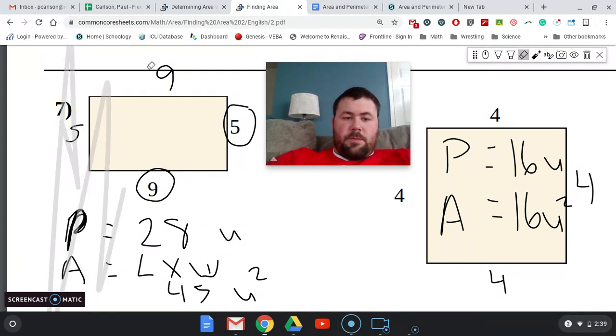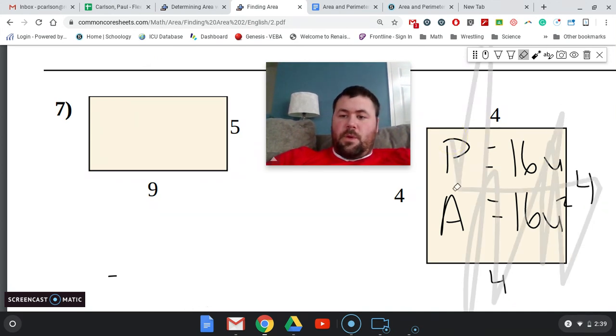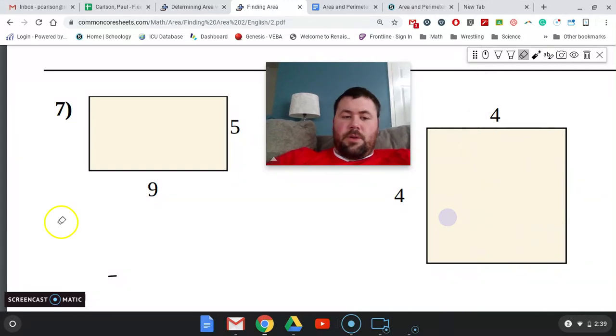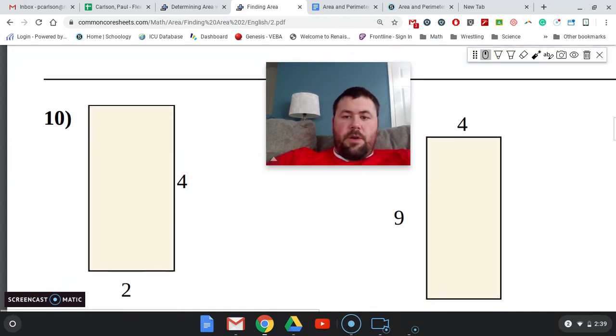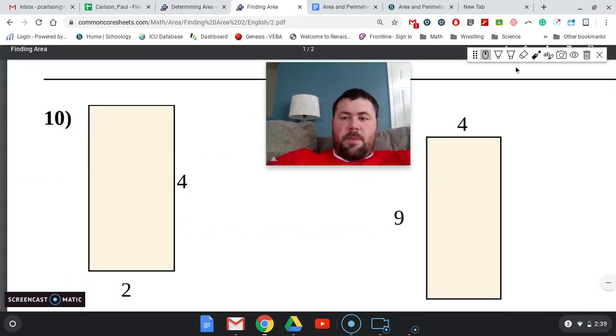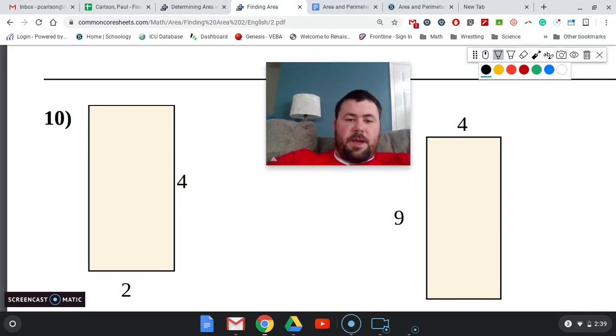Okay, so I'm going to show you 2 more problems. And when I'm doing these, I'm going to allow you a little bit of wait time so you can see if your answers match up with mine. Okay, so here are the 2 shapes. Shape on the left, first off, you want to make sure you find the perimeter.